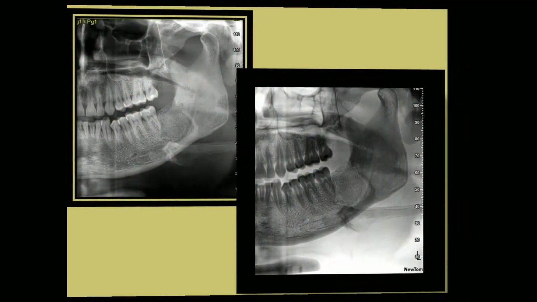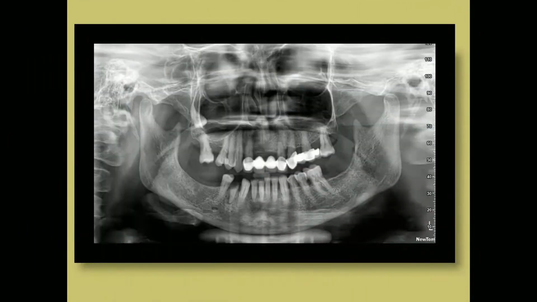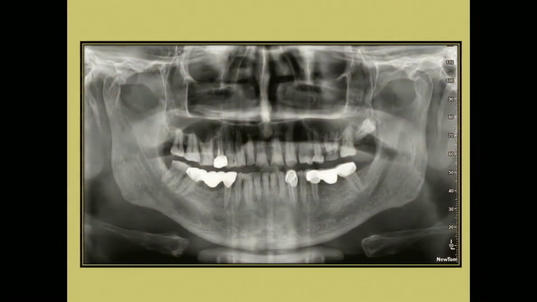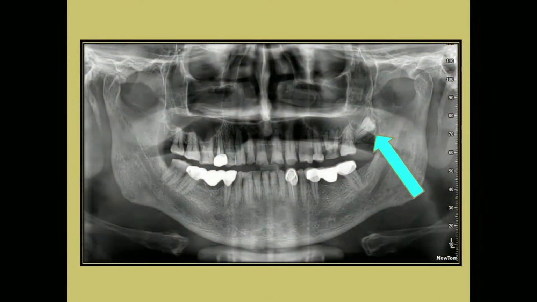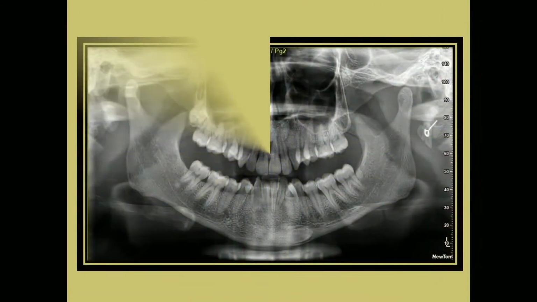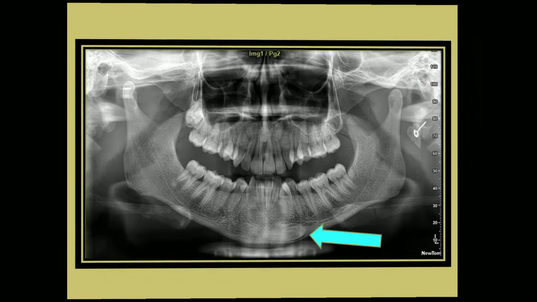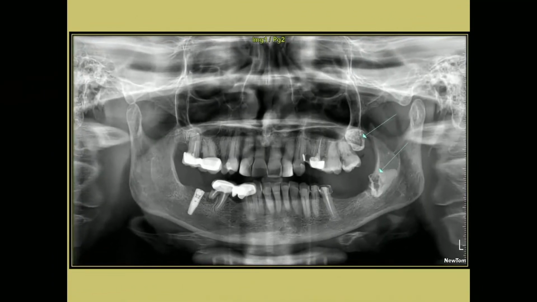This is the cropped panoramic view. The impacted tooth which is present high up in the maxillary sinus, or a disto molar impaction. All these cases are definitely seen on 2D, but they require another modality.